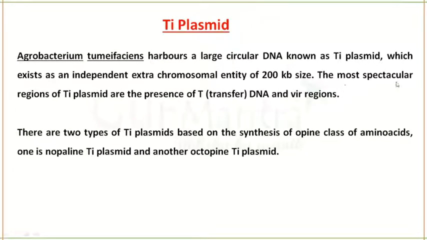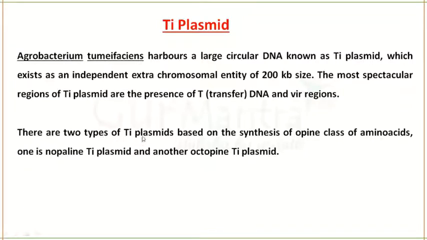The most spectacular regions of the Ti plasmid are the presence of tDNA, or transfer DNA, and Vir genes. They are very useful regions.